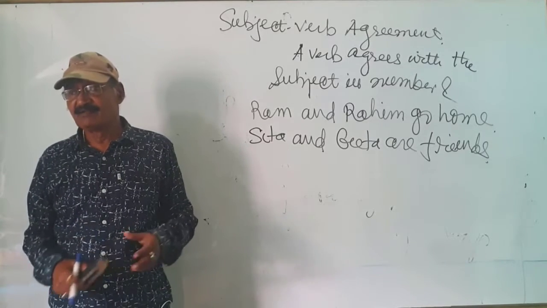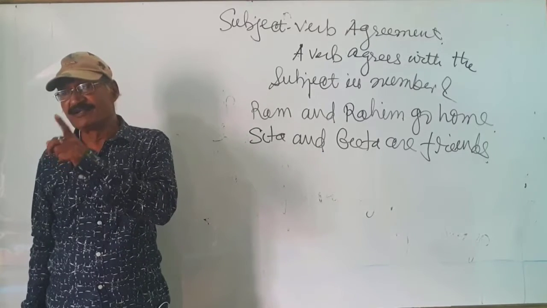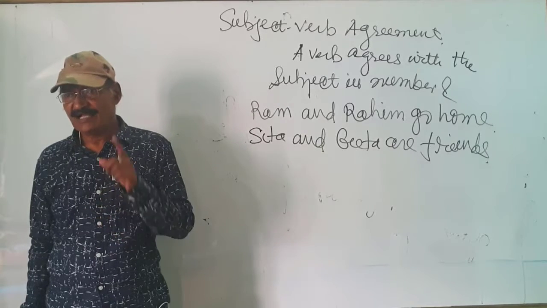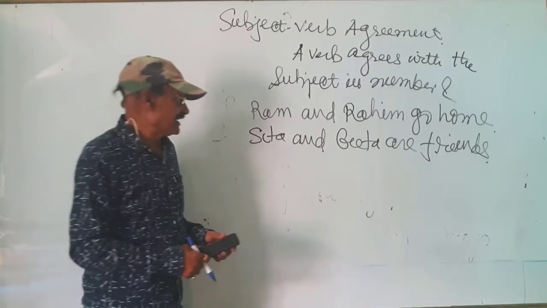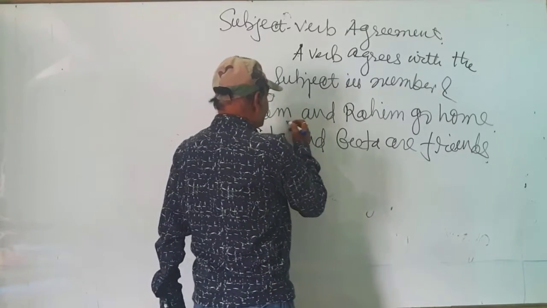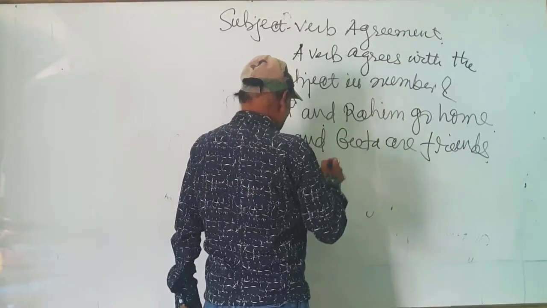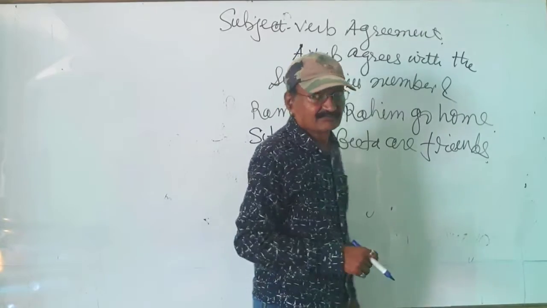But here both of these subjects are used with the word "and", that is a connector. Did you understand? Whenever two different subjects are used with "and", with a connector, we have to use a plural verb.